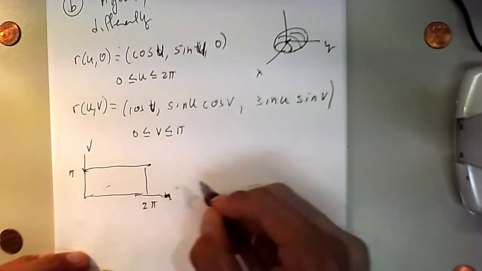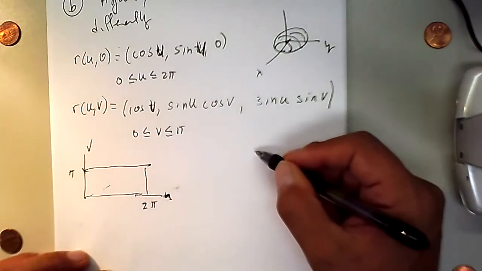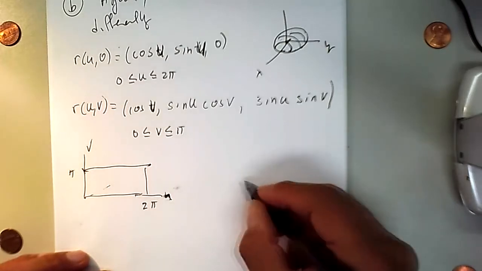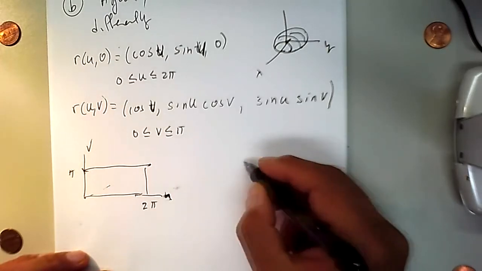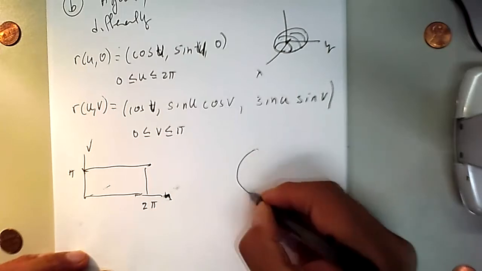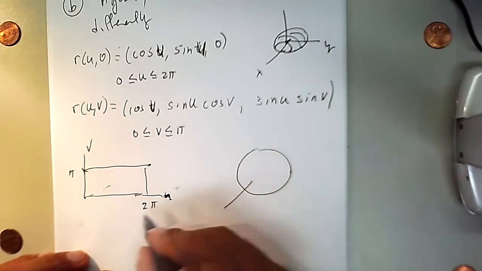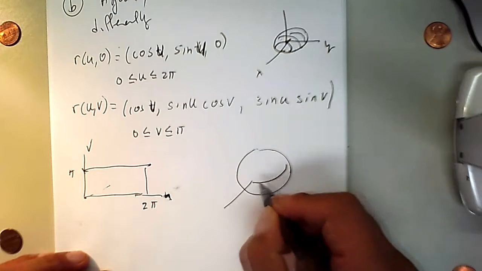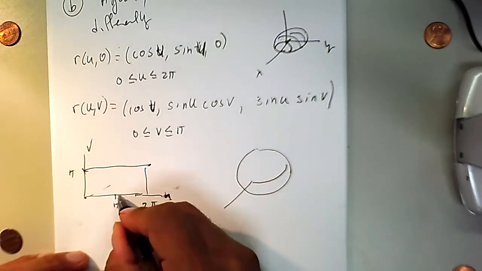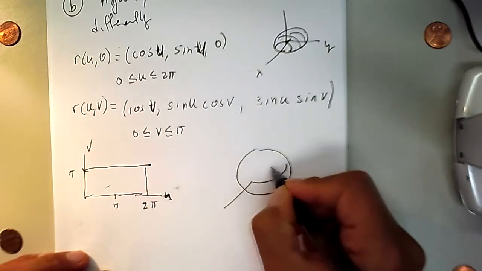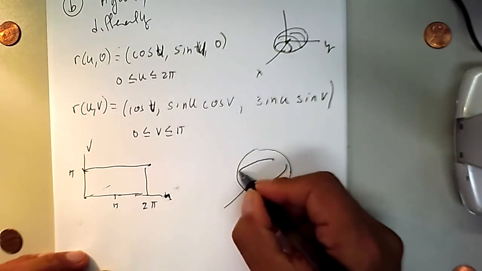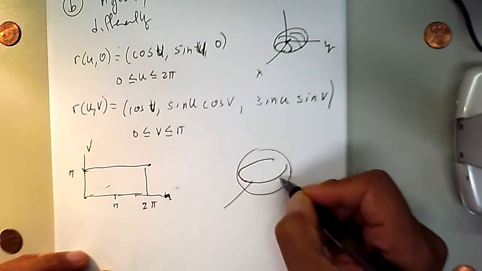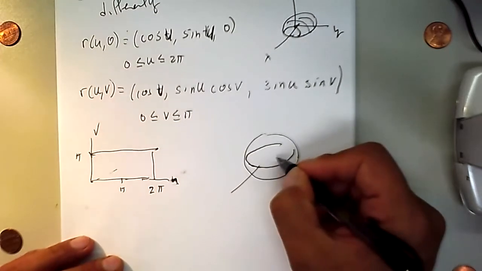You know, the origin is here. We're creating the sphere. Okay, from here to pi, we have this half. From pi to 2 pi, the other half comes around and connects here. But here's the weird part.